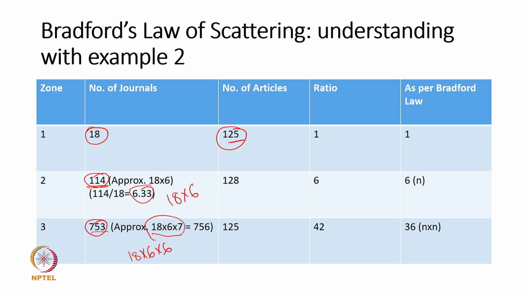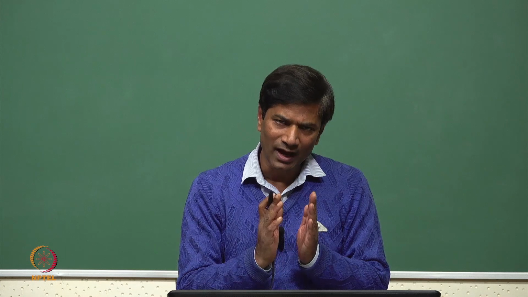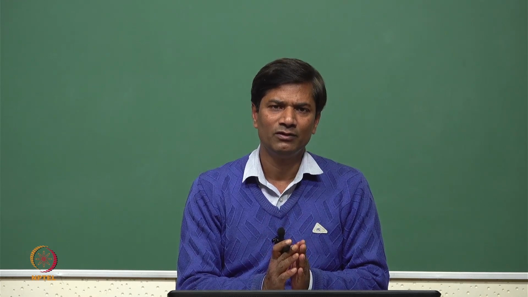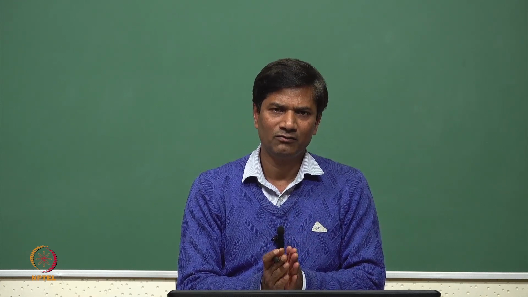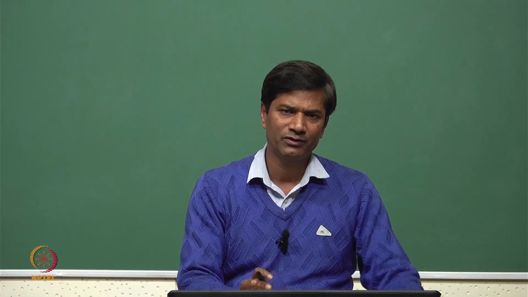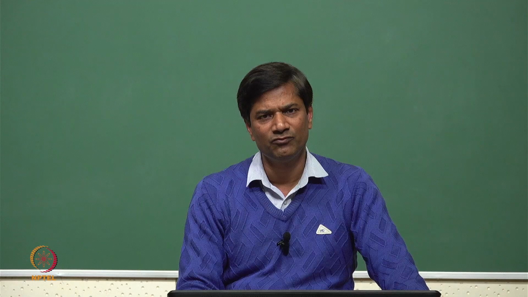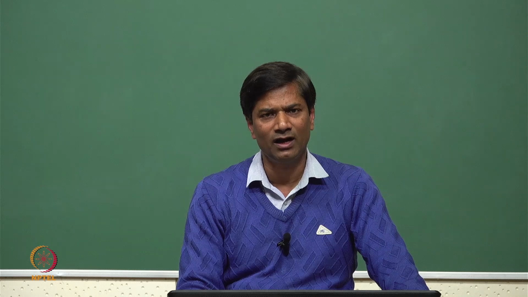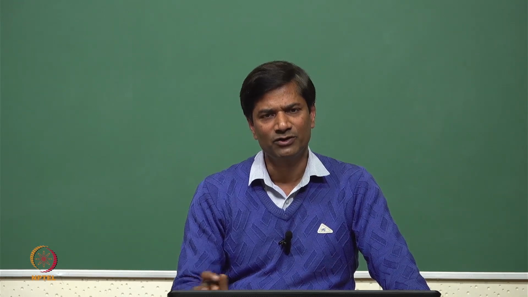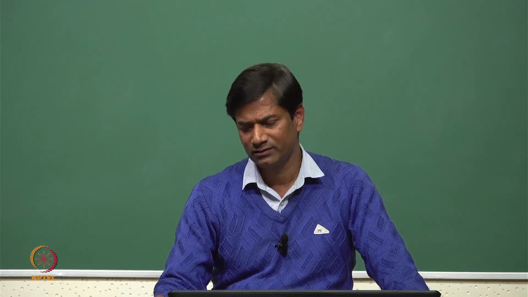So it happens because the actual number of journals varies, because when we are compiling a bibliography, we calculate an approximate number of journals, and in that way we find the core journals which contain the maximum number of articles and the peripheral journals which contain fewer articles.